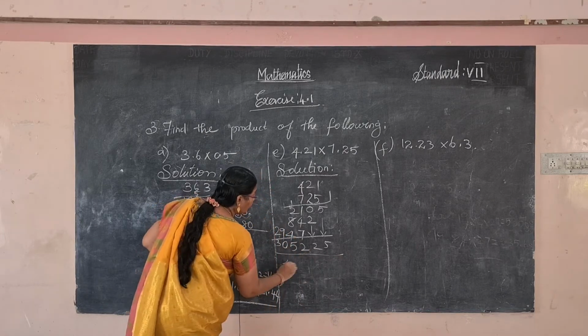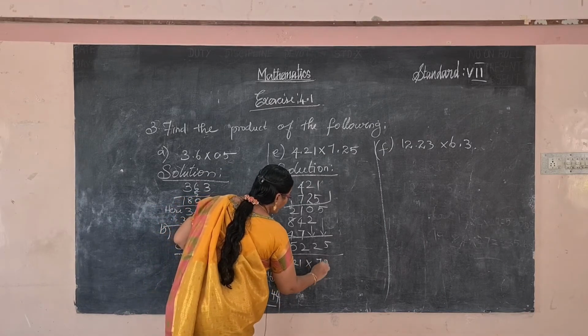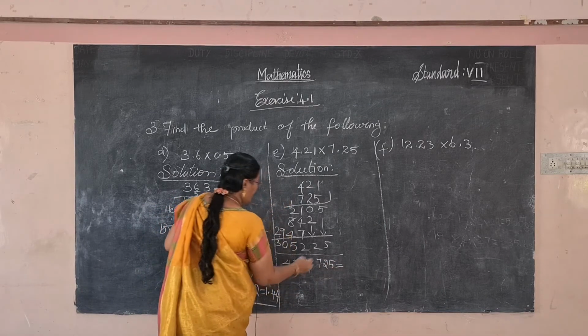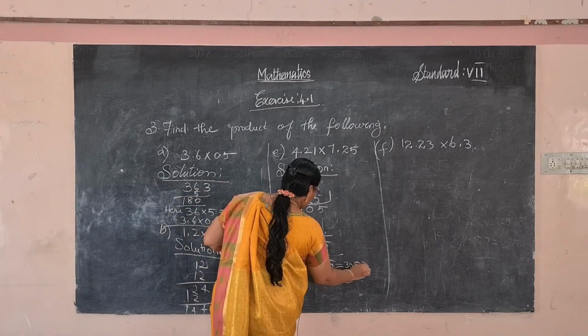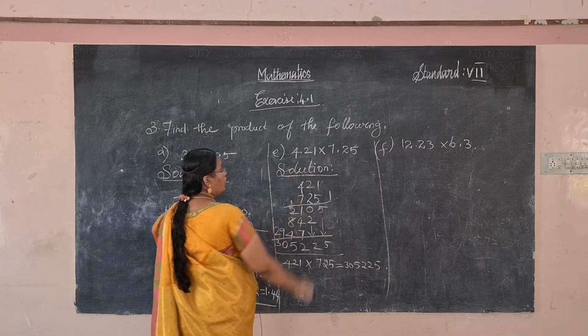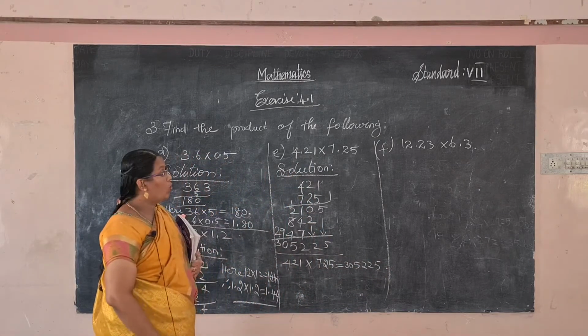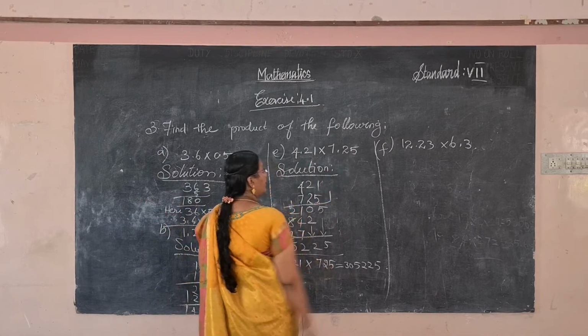The product of 421 into 725 is equal to 305,225. Okay, so how many decimal places after the decimal point? From the first number 2 and from the second number 2.